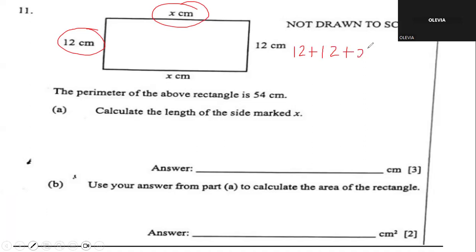Yes, Olivia. Okay, yes, that was a mistake. So 12 plus x is going to be equal to 54.